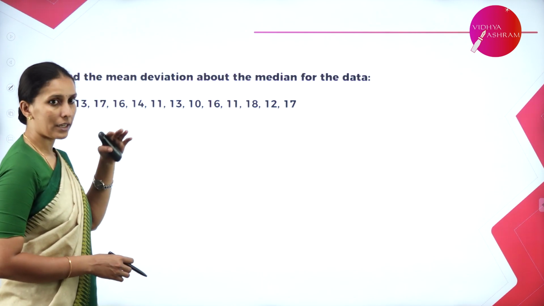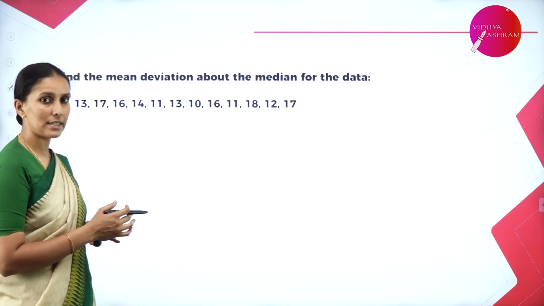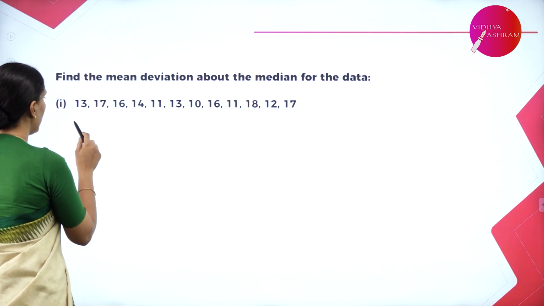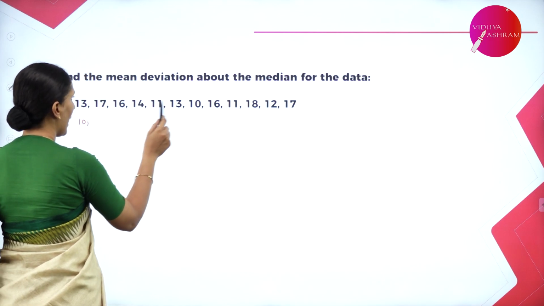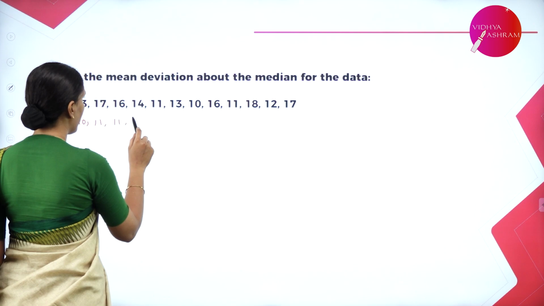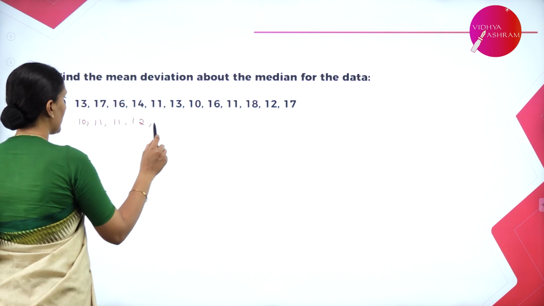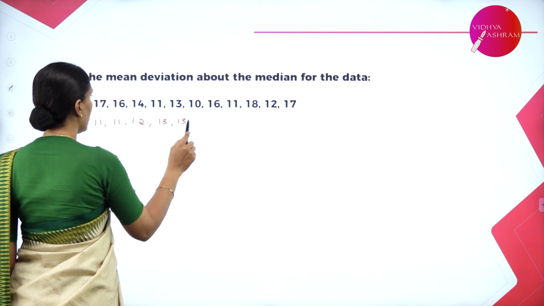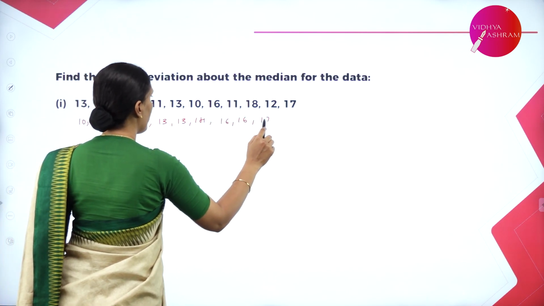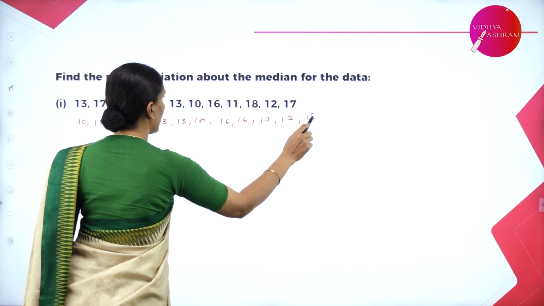I am arranging the data from the smallest to the highest, that is in the ascending order. The smallest value you can see here is 10. So let's start from 10. Then we have 2 times 11. Next we have 12. Next we have 13, 13, 14, 16, 16, 17, 17, 18.